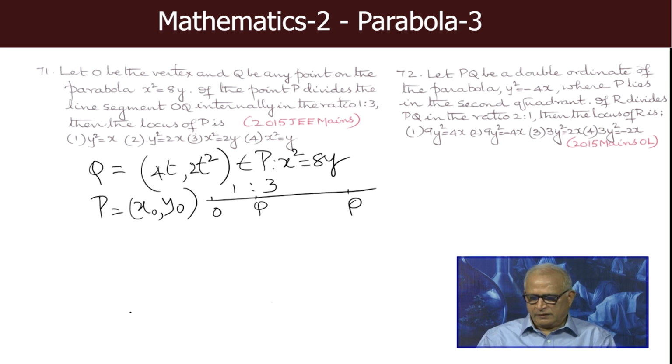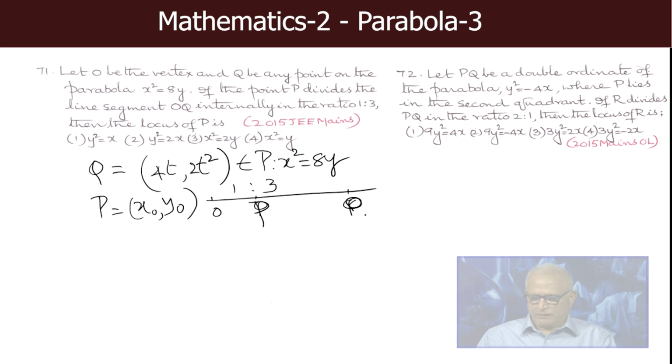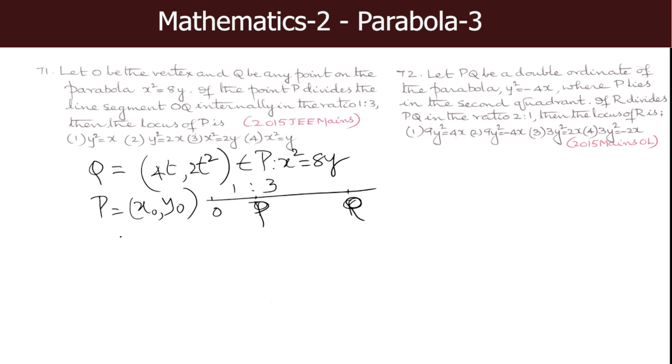So, this is P, this is OQ. What is P? This is equal to 1 into the x coordinate of Q, 2t, divided by 4, that is t by 2.